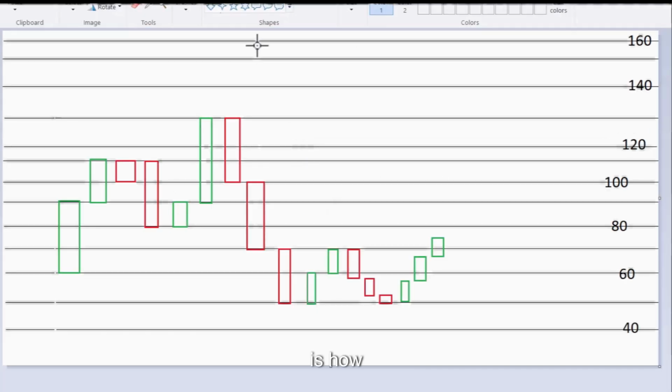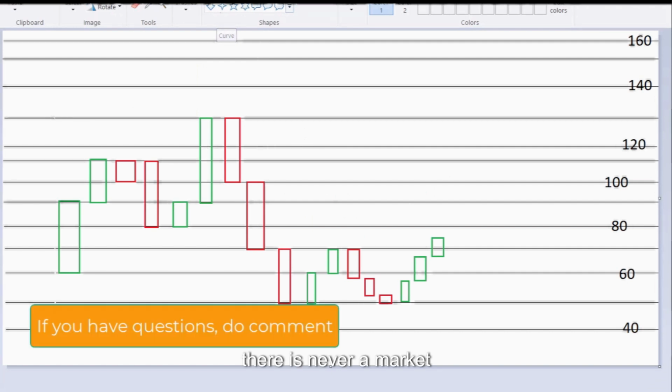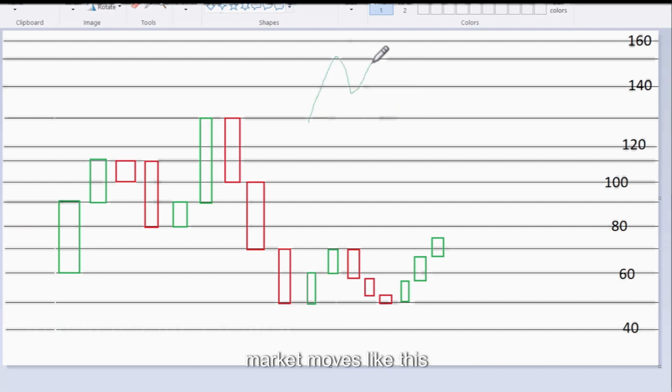This is how the market goes. There is never a market that always goes up, and there will never be a market that always goes down. The market moves like this.